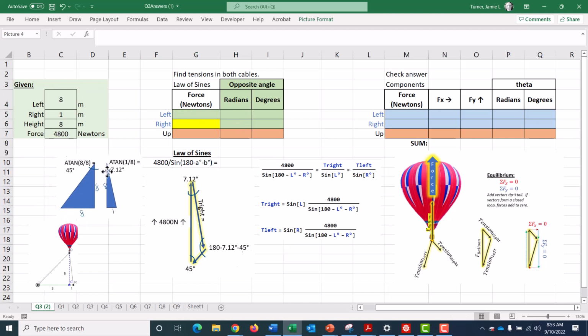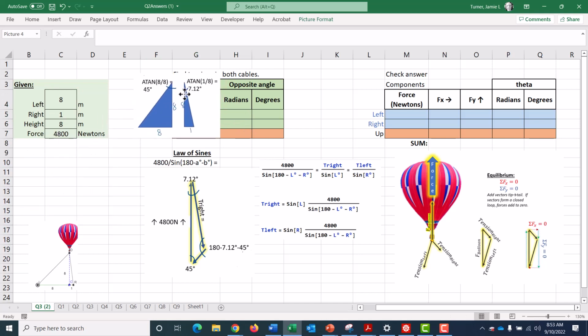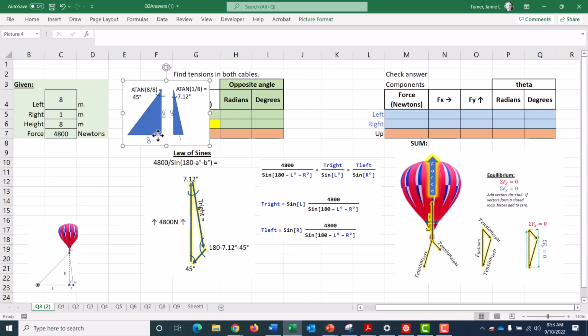So the first thing I'm going to do is figure out what my angle is based on the dimensions of the rope. For this one, if it's 8 high and 8 long, I'm going to get this angle at the top, which, if you look at similar triangles, is also going to be the angle at the bottom here.